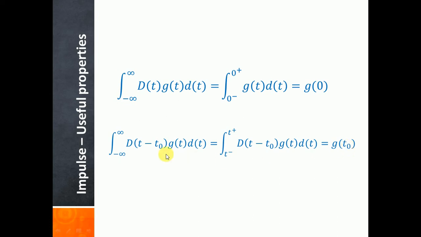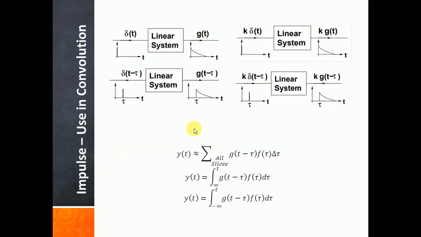These two properties are very important in linear systems. In a linear system, given an impulse, the response is g(t), so g(t) is the impulse response of the system.